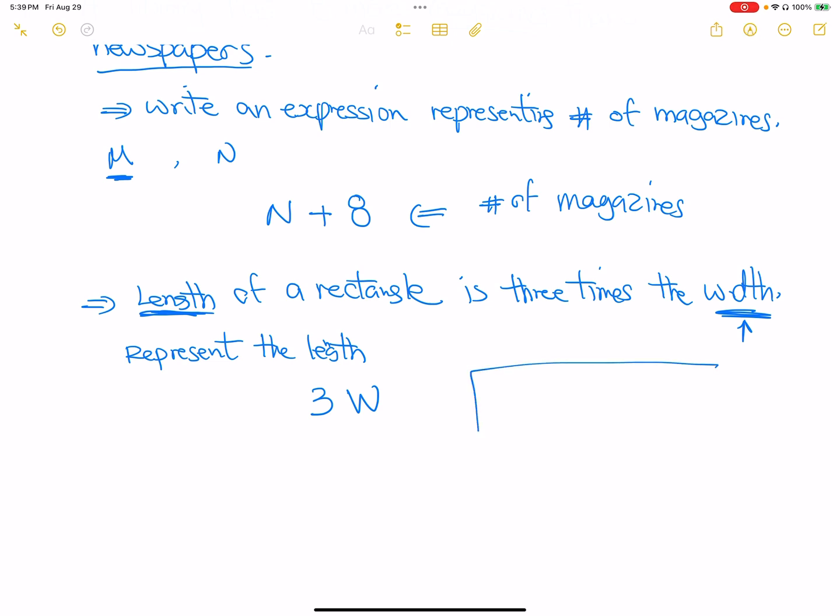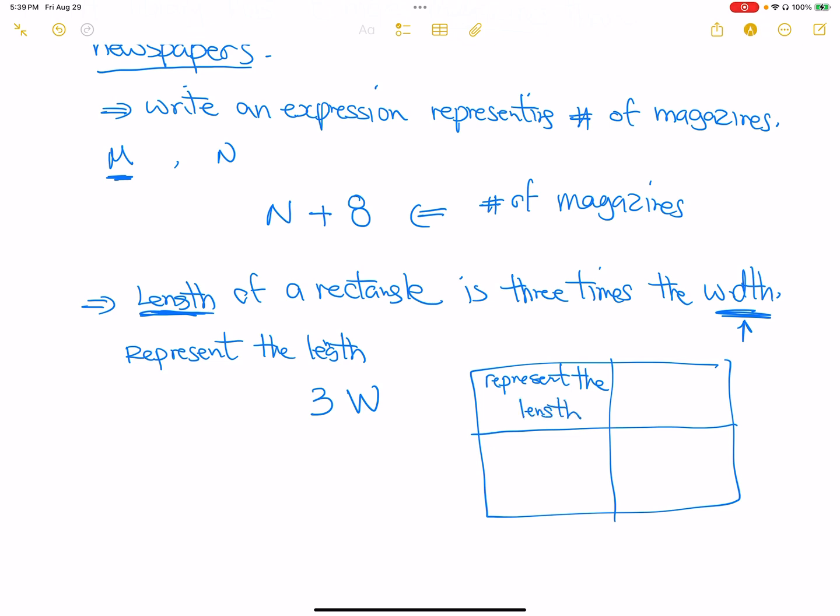So you may see a table that looks kind of like this, where they say you want to represent the length, and they say, define a variable.